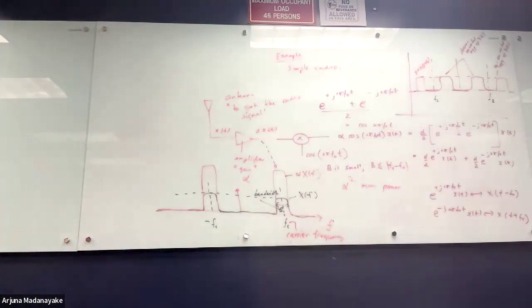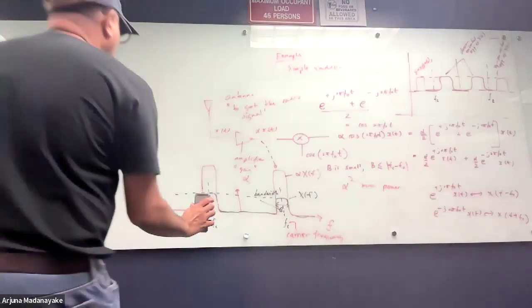The amplitude is set by alpha and by the fact that there's a half. So the final scaling is alpha by 2. Okay. So I'm going to erase this part.